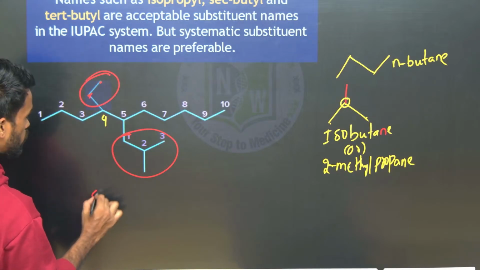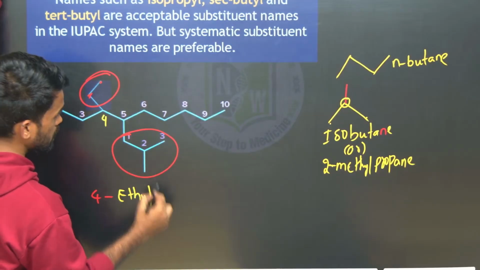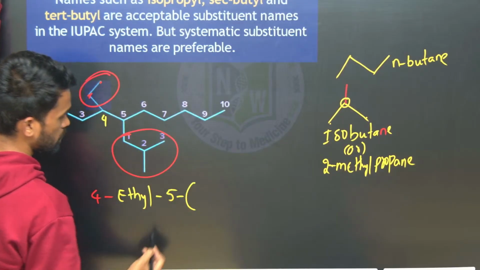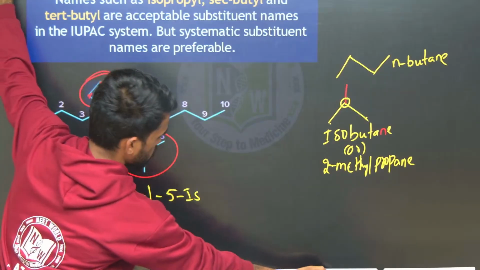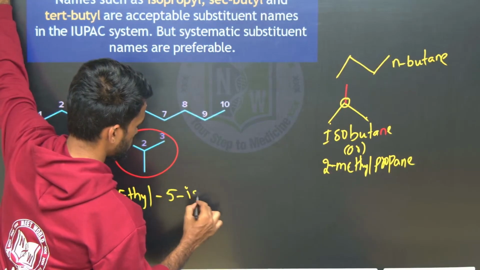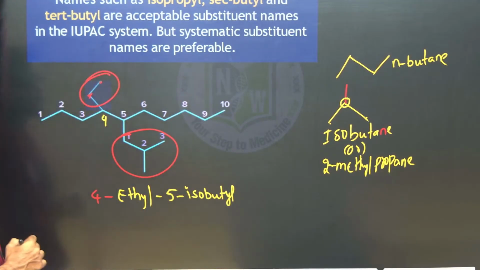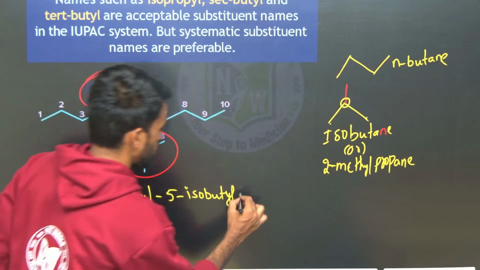So you can write 4-ethyl, next 5, open the bracket, or 5-isobutyl, isobutyl, next parent chain, decane.